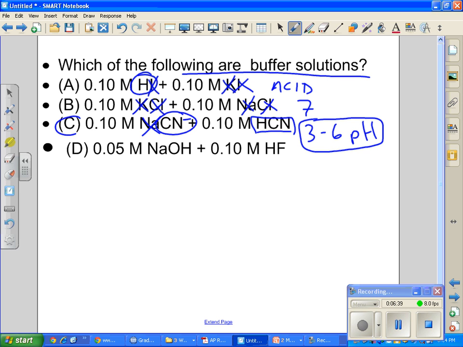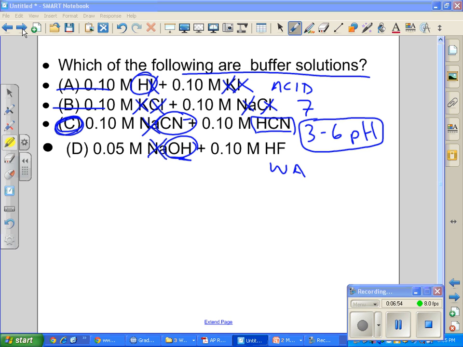Look at D. That's one that technically counts as a buffer solution. These others do not. If you look at D, what do you notice? I have a weak acid and a strong base. I cancel the heartbreaker, so I have OH minus and HF. The key is sometimes you can take a weak acid or a weak base and add a strong one, in this case OH minus. If you have half the molarity, it means you're halfway to equivalence.